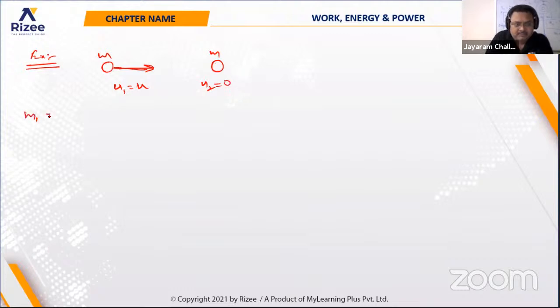That means m1 is equal to m2 is equal to m. Both of them are identical.